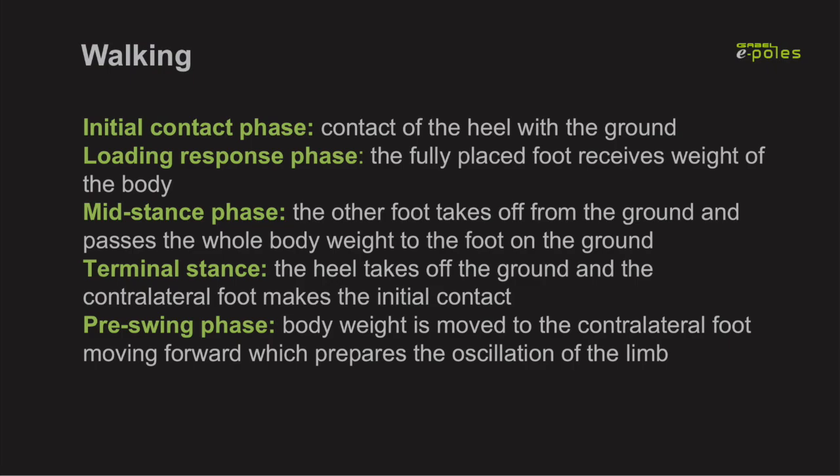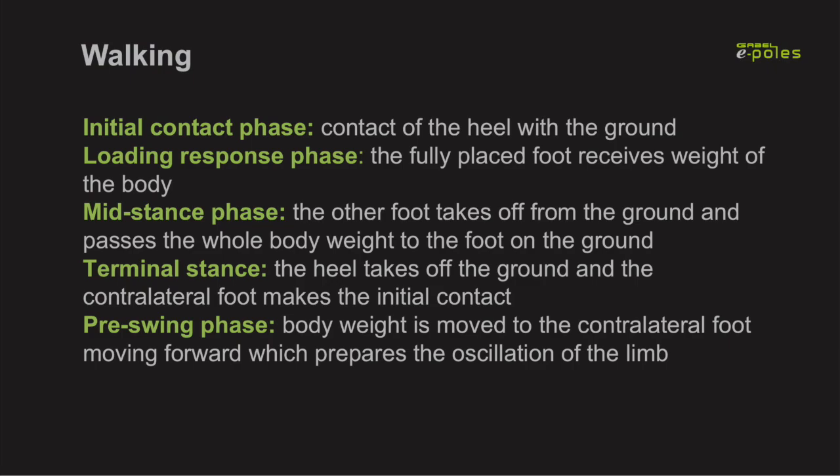Now let's move to another detailed set of phases known internationally. There are 8 of them. The first one is the phase of initial contact of the heel with the ground. Then the fully placed foot receives the weight of the body, called the loading response. Then there is a mid-stance phase, when the other foot takes off from the ground and passes responsibility for balancing the whole body weight to the foot on the ground.